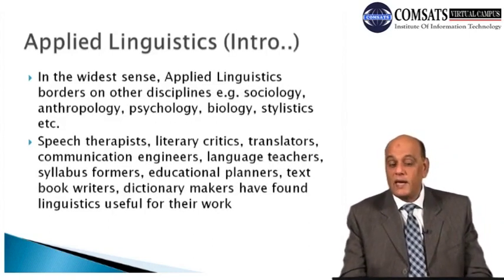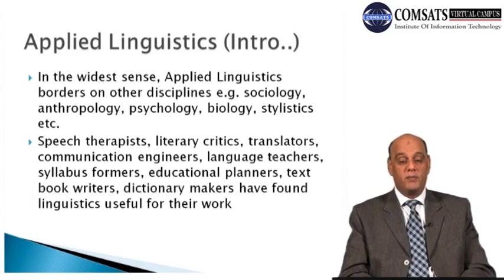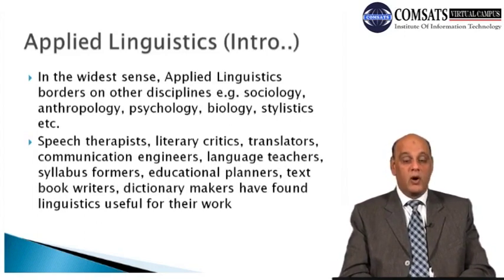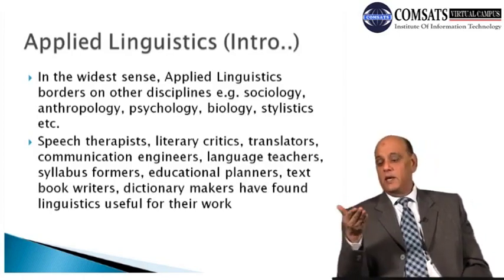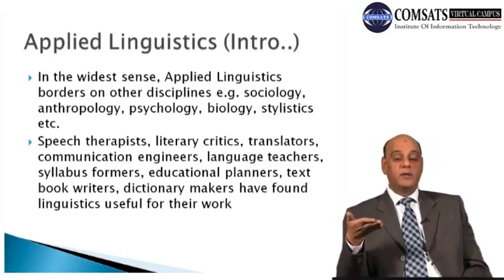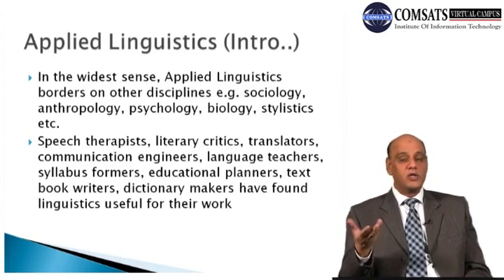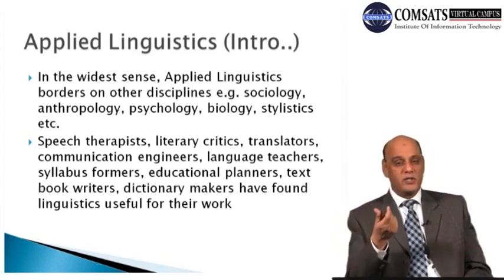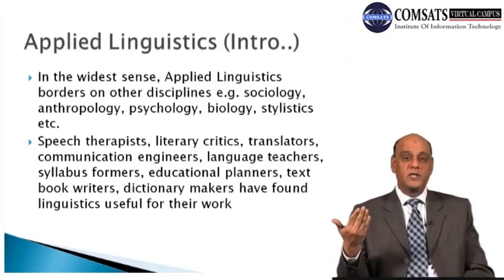In the widest sense, applied linguistics borders on other disciplines, for example, sociology, anthropology, psychology, biology, statistics. So applied linguistics also borders on other disciplines, right? This means that it depends on the other disciplines like sociology, anthropology, and whatever part of linguistics is used in different professions.